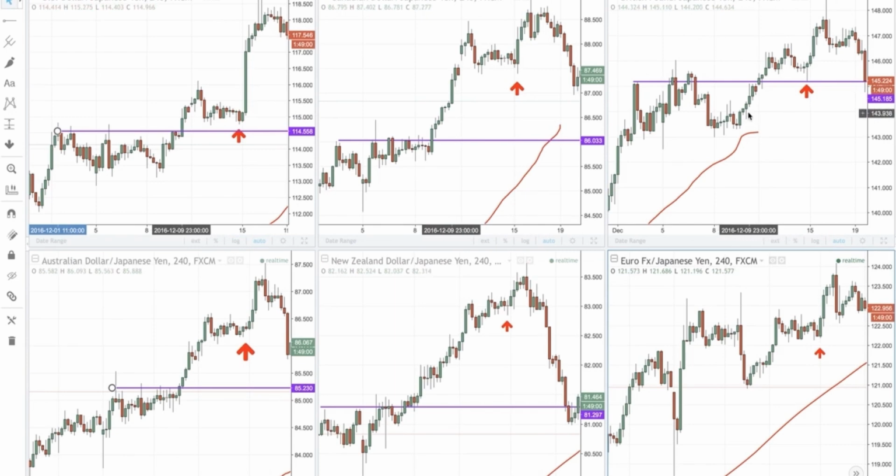When he goes up, it's like inch by inch by inch by inch, and then finally it breaks out and then it keeps wobbling up here. Okay, this one, we don't even know it's breaking out or not. So Euro yen's not even in the question. New Zealand yen, this thing's just inching through. It's grinding and grinding and grinding. Okay.